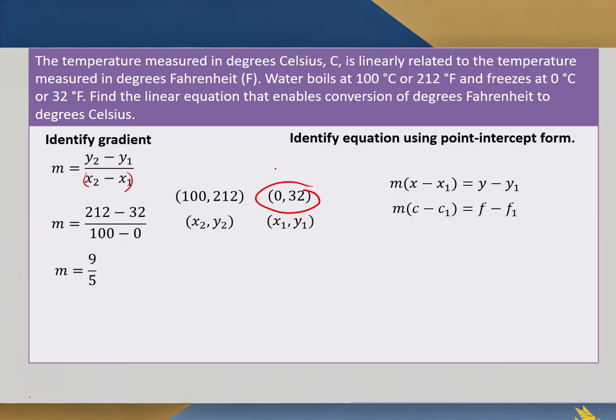So C and F. All I need to do now is simplify this. 9 over 5 times C is 9 over 5C. 9 over 5 times 0 is just 0. So I'll leave that. Now I just plus 32 to both sides, and I get F by itself. So that means my equation for Fahrenheit is 9 over 5 Celsius C plus 32.